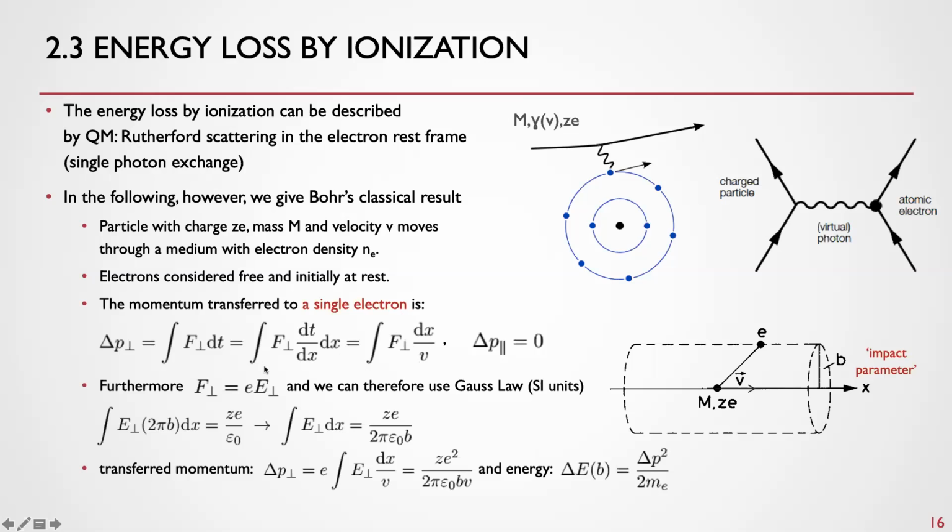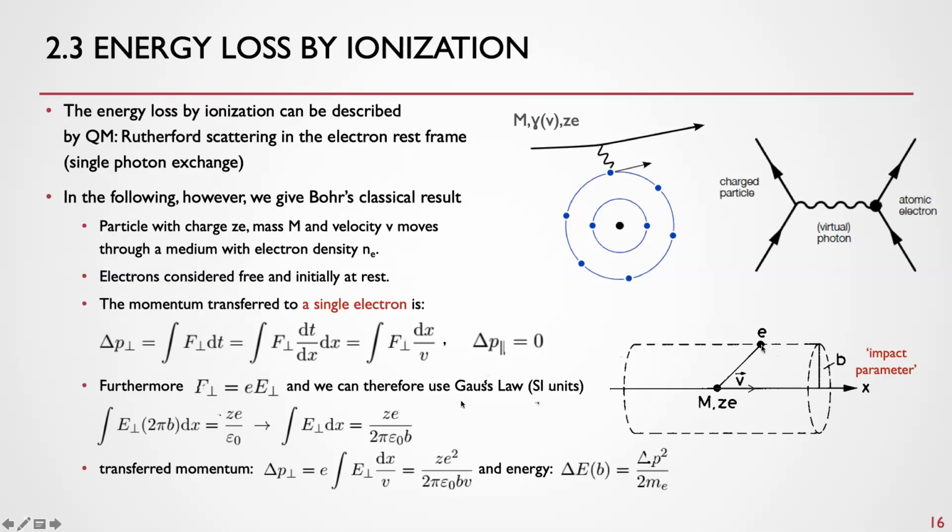So let's compute the force in the perpendicular direction. This is done using Gauss law in SI units. Gauss law tells us that the integral of the transverse field over a cylinder equals the total charge that's inside that cylinder.